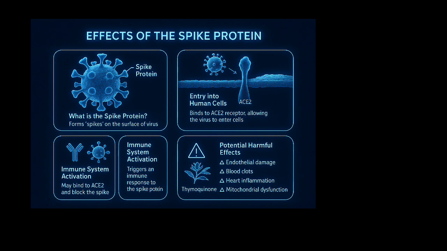It can exert a lot of effects on the body. Okay, it affects the immune system, and it activates a lot of things in the inflammatory process, causing inflammation, and also causing damage to the endothelial system, and causing blood clot and all that. Okay, so all these are undesirable effects of the spike protein.